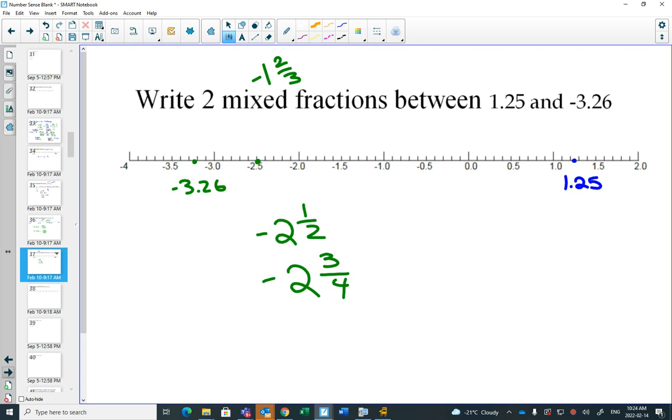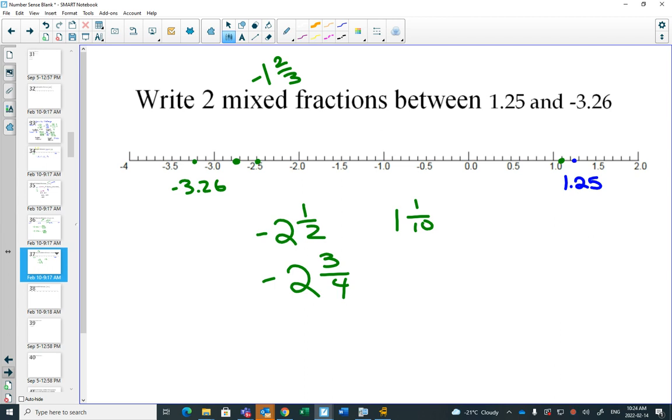What do we got? 1 1/10. Ooh. 1 1/10 would be right there, right? Bigger. You going bigger or smaller? You're going smaller?